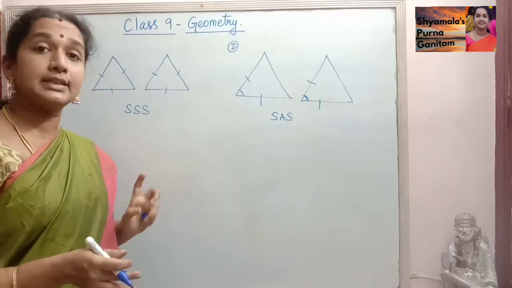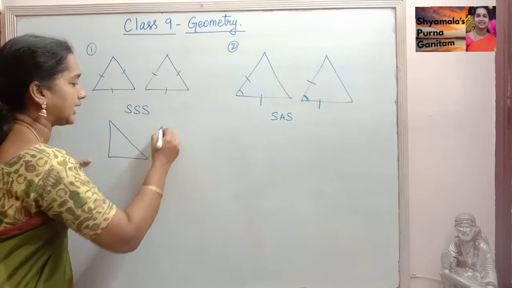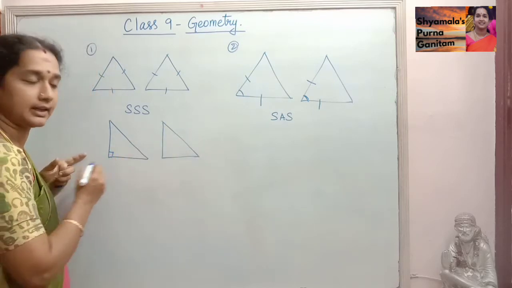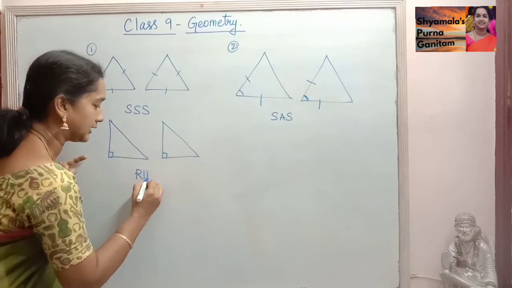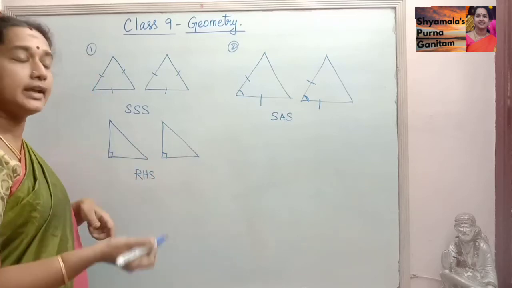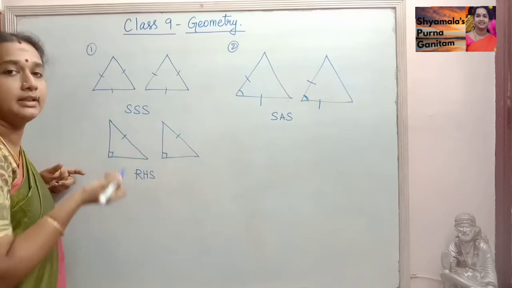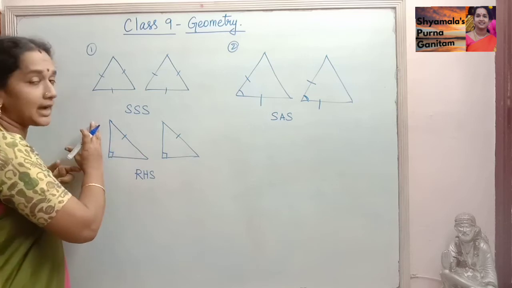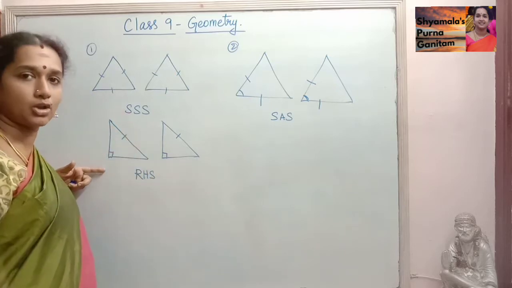Then RHS congruency is right angle triangle. Both the triangles should be right angle. Then definitely hypotenuse should be equal. Then any one of the base or the height can be equal. So that is RHS congruency.